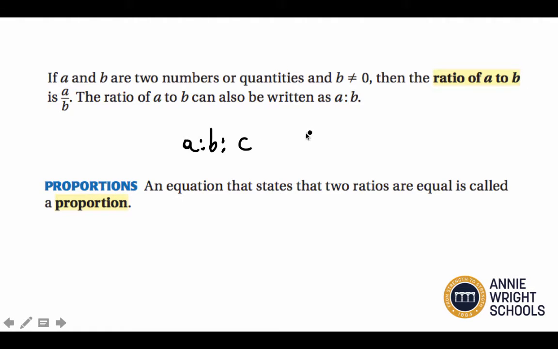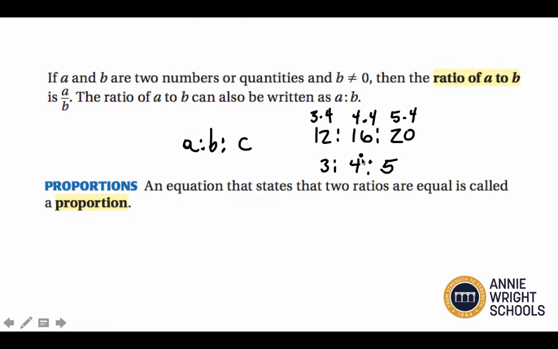So, I think about Starbucks. Starbucks has 12-ounce drinks, 16-ounce drinks, and 20-ounce drinks. And if you see, the ratio here is 3 to 4 to 5. So this is 3 times 4, this is 4 times 4, and this is 5 times 4.